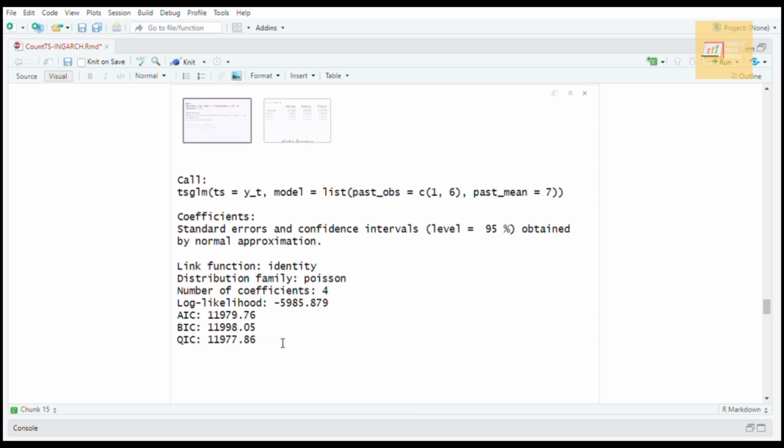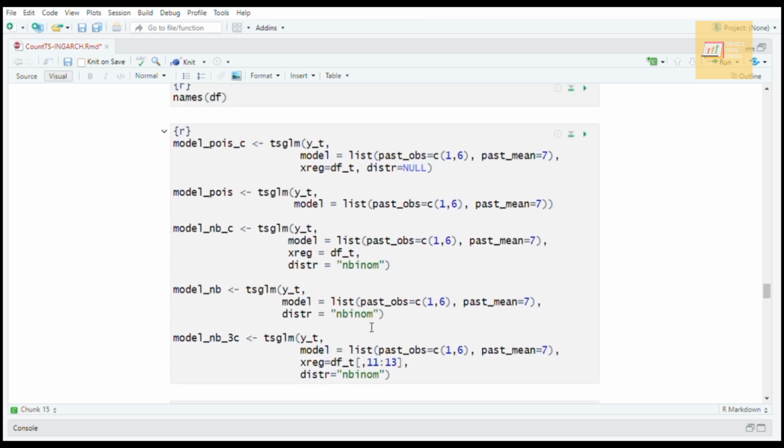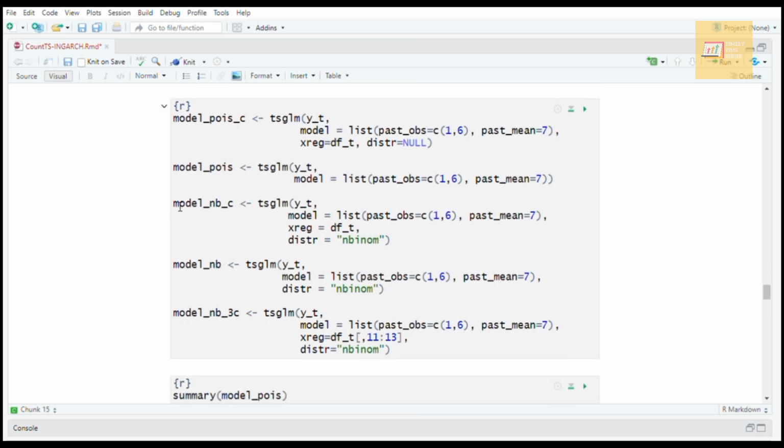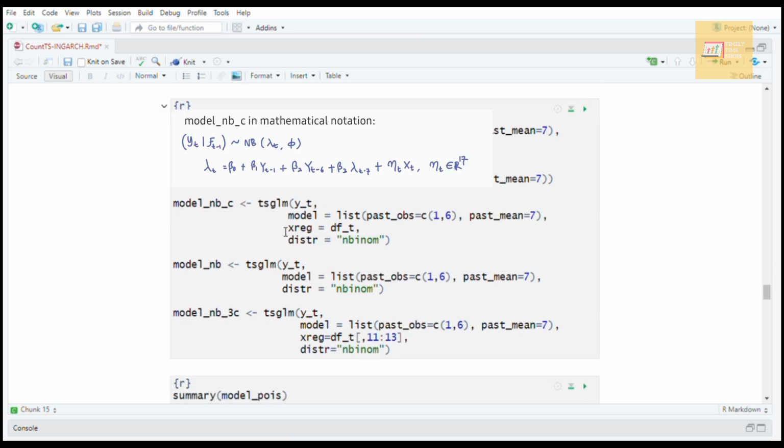Oh, actually, it's also stated here the number of coefficients, 4, and then the log likelihood. In the previous model, the log likelihood was minus 10,000, but here we have minus 5,900, almost 6,000.